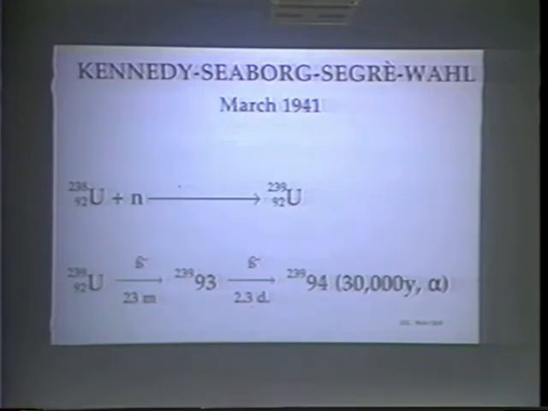And that was not a bad value because the best value today is 24,000 years. It just showed that we had so many errors that they canceled each other and we came out with a good answer.